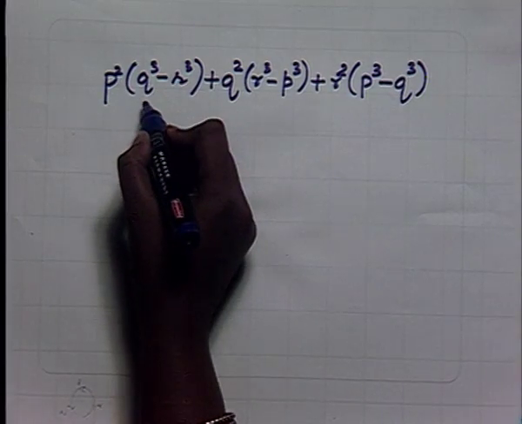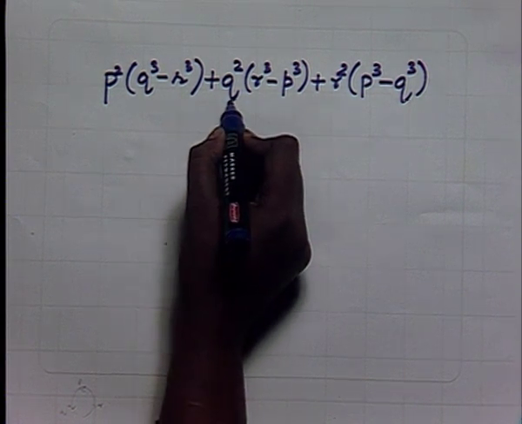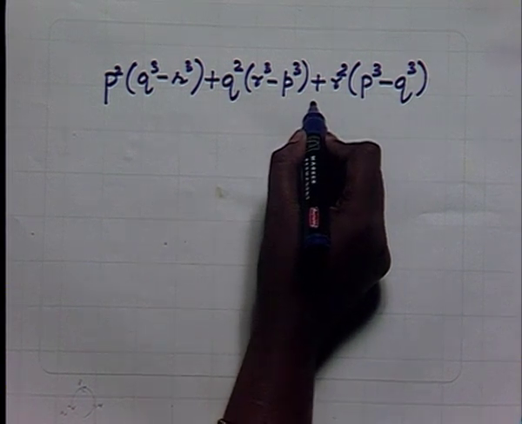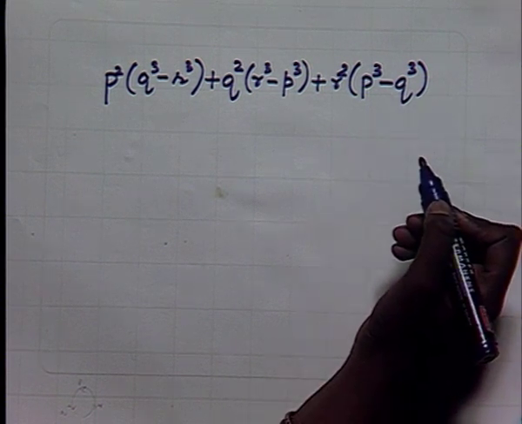Now, look at the expression p square into q cube minus r cube plus q square into r cube minus p cube plus r square into p cube minus q cube.